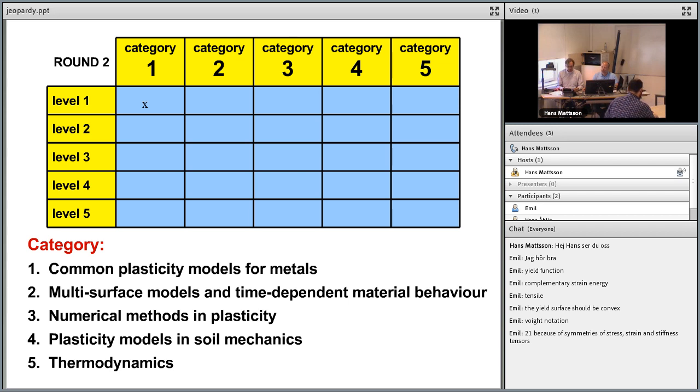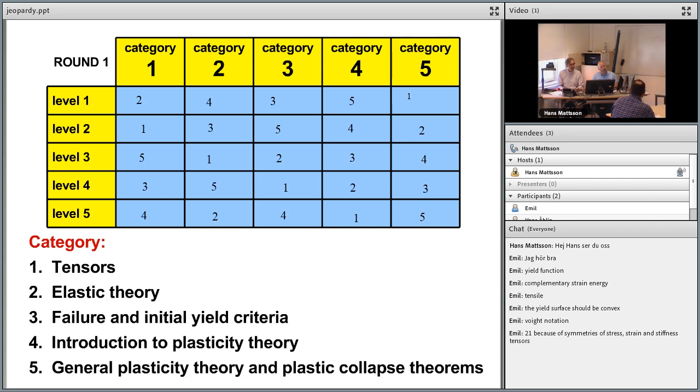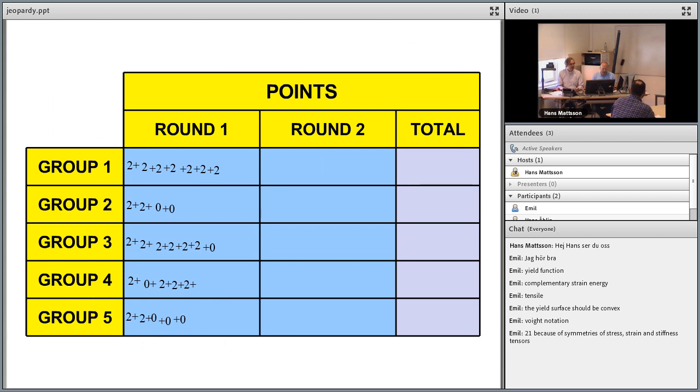Category 1, level 1. Here is the question: what is the Borschinger effect? Four was first. Yes, that is correct. The Borschinger effect.